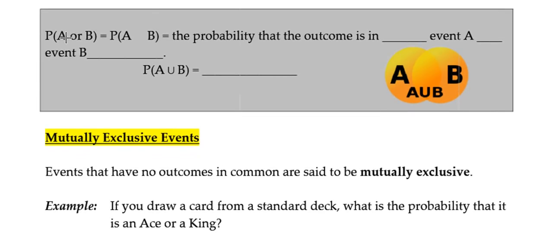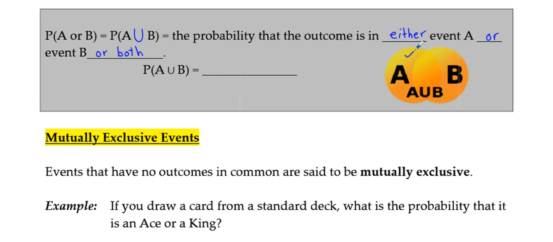So the symbol for or is this symbol right here, and it stands for union. So it's the union of set A and B. And one thing you have to be careful of, it's the probability that the outcome is in either event A or event B or both.